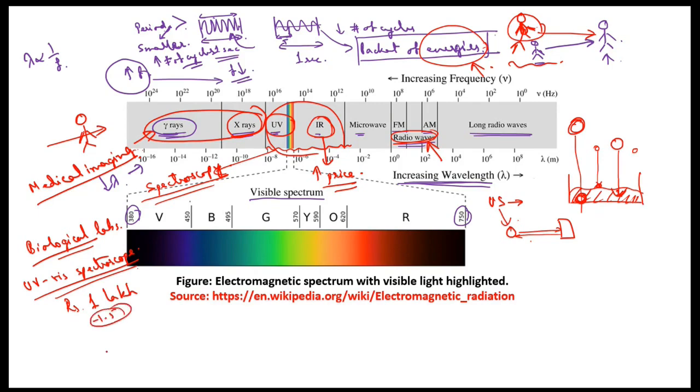In 1.5 lakhs you can get a somewhat good spectrophotometer just for normal routine day-to-day activity, but not yet for research. But if you are willing to spend approximately 2.5 to 3 lakhs, you can get a good UV visible spectroscope.